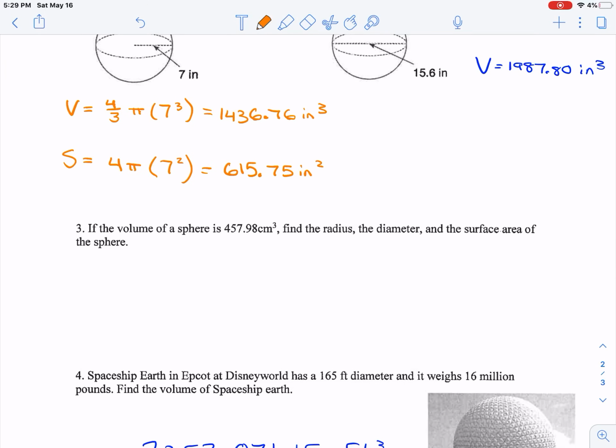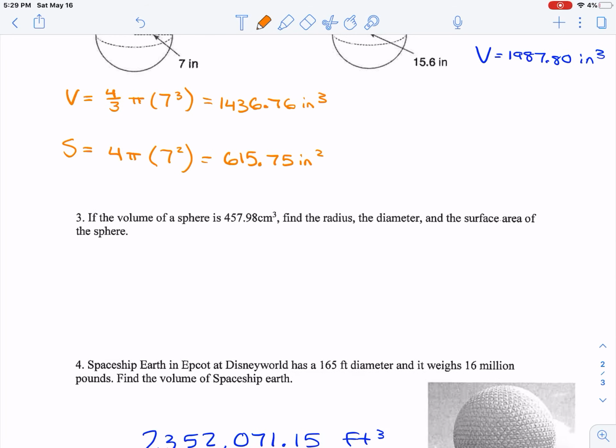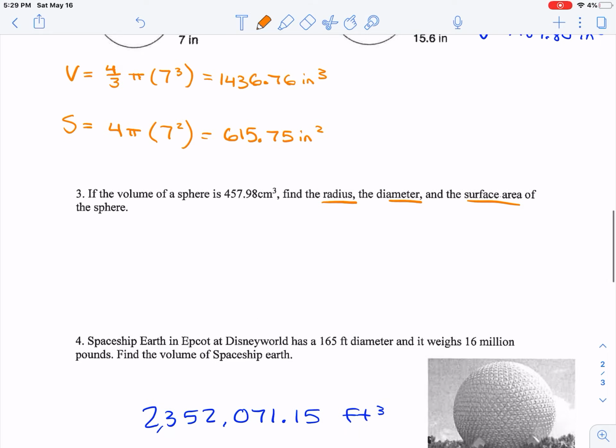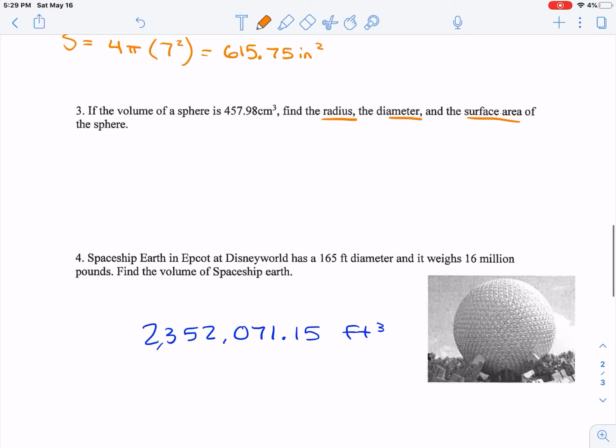If you were given one item of a circle, like either the area, the radius, the diameter, or the circumference, you would be able to find all 4 of those things. Same idea with a sphere. Here it's giving us the volume, so we're going to be able to find the radius, diameter, and surface area of the sphere. You only need one item, okay, to be able to find all those.